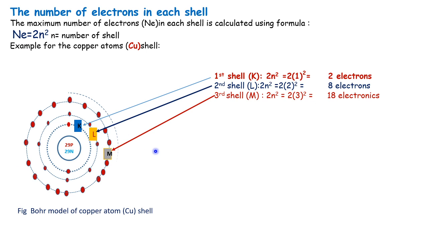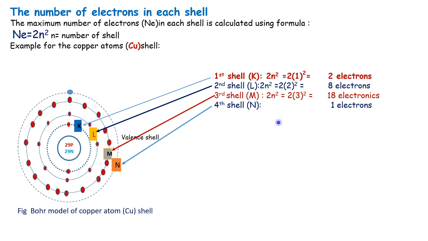Now how many are left? Only 1 is left. That electron will be named as the N cell, suppose. Now this is the valence cell, that is the outermost orbit cell, and this is the fourth cell with 1 electron, so there is no need to find that.